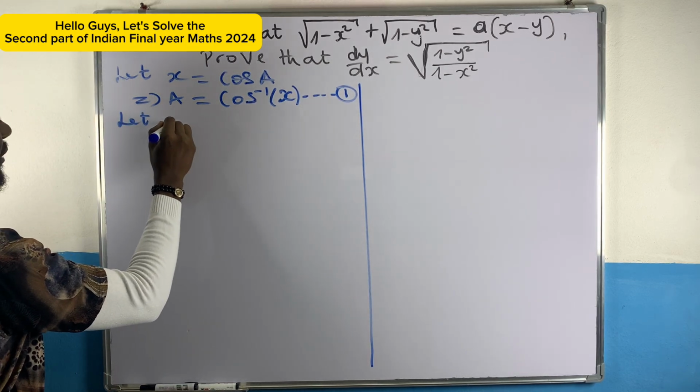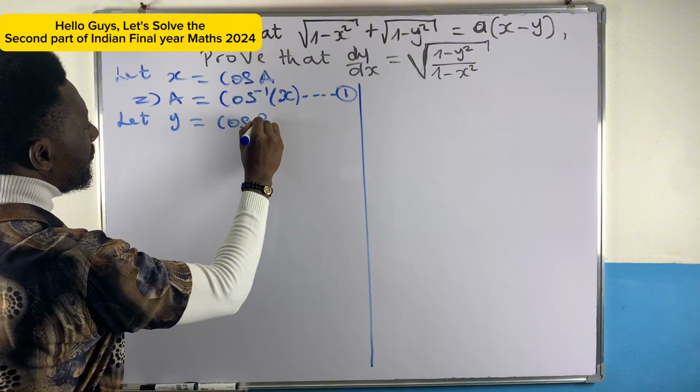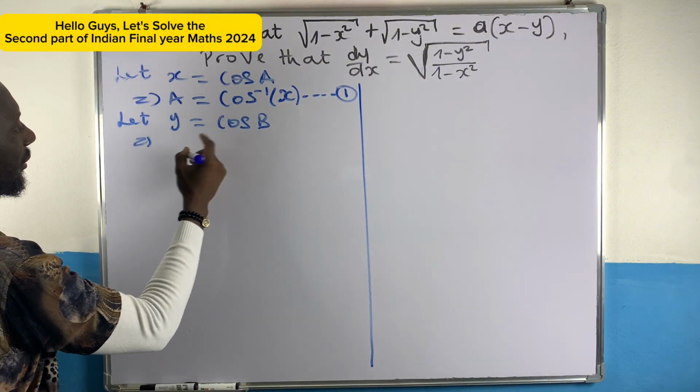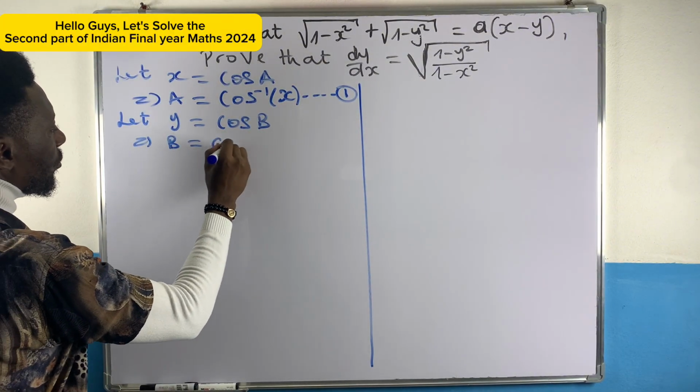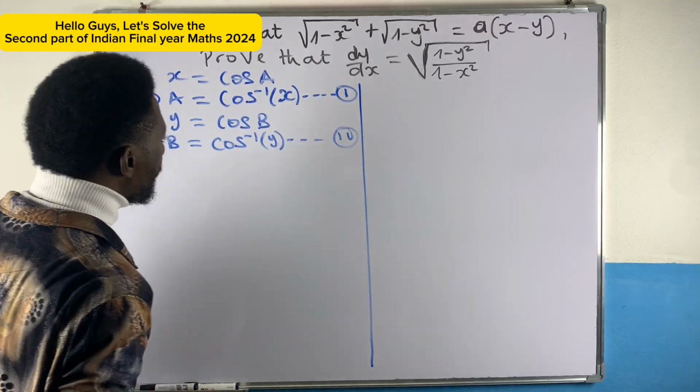Then I'll also say let y be equal to cos B, so that my B becomes equal to cos inverse of y, which I can call equation 2.